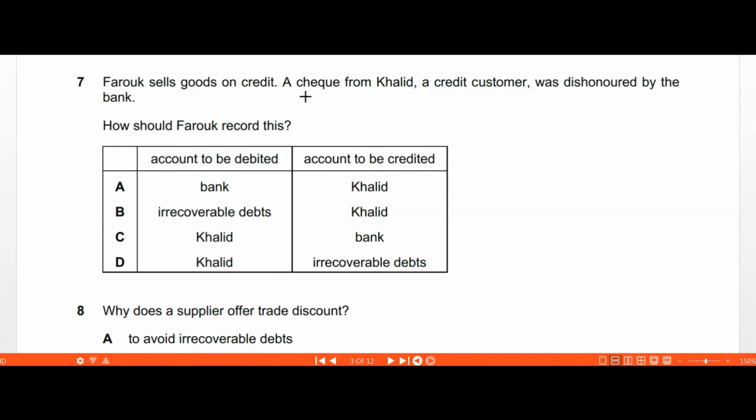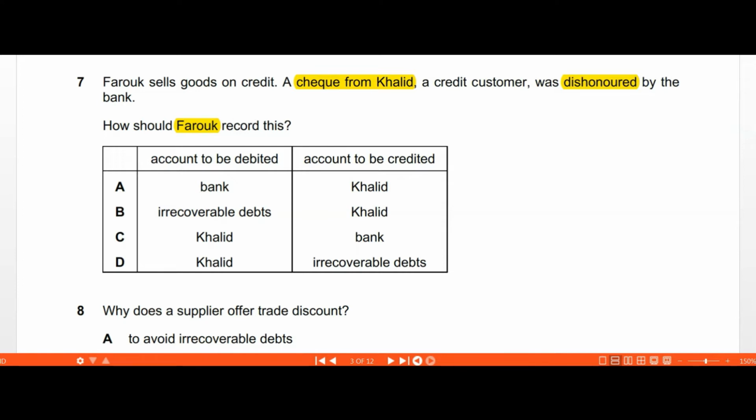Farooq sells goods on credit. A check from Khalid, a credit customer, was dishonored by the bank. How should Farooq record this? So Farooq is the seller over here. We are recording from the seller's perspective, and Khalid, who was the customer, his check has been dishonored.